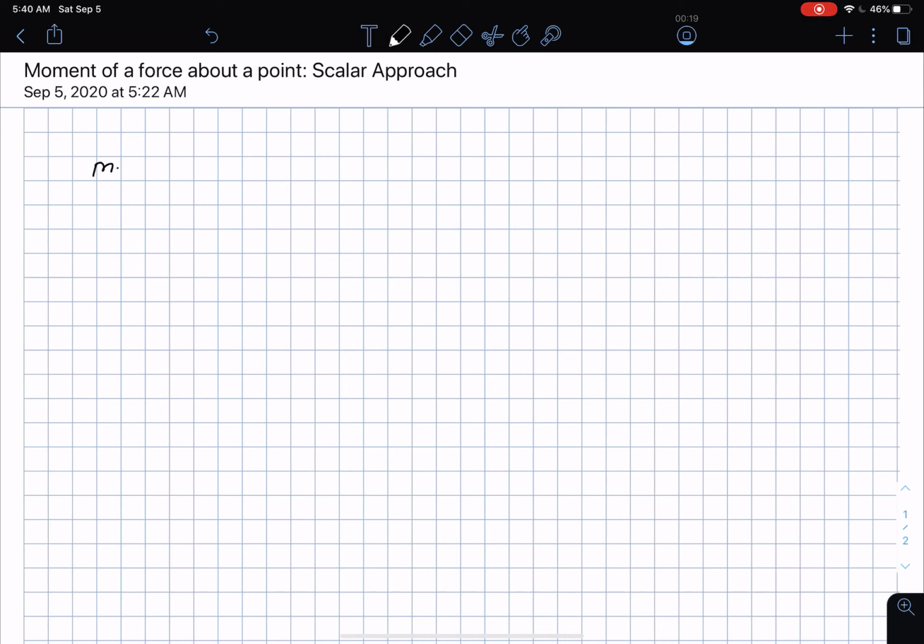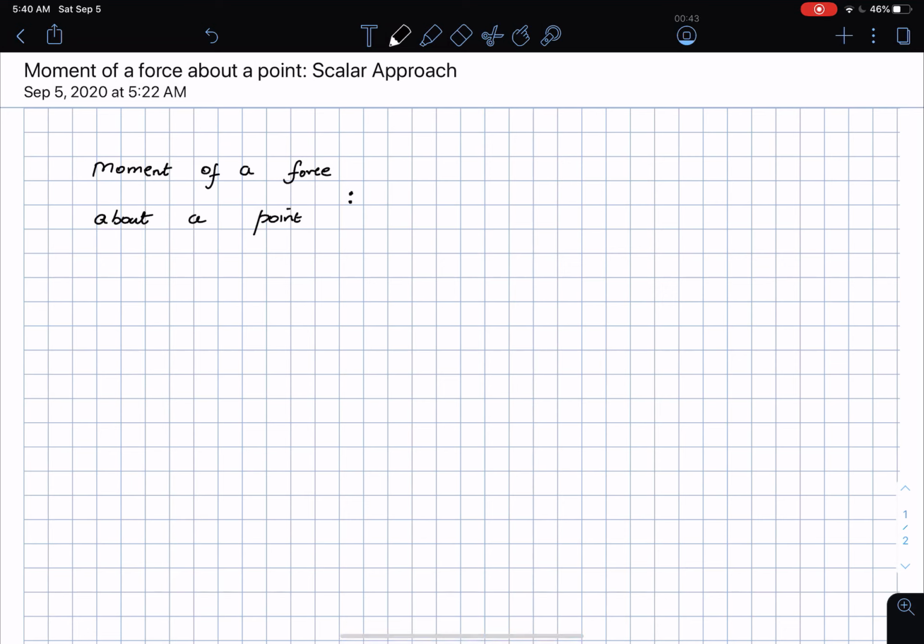Moment of a force about a point is defined as the tendency of the force to cause the body to rotate about that point.